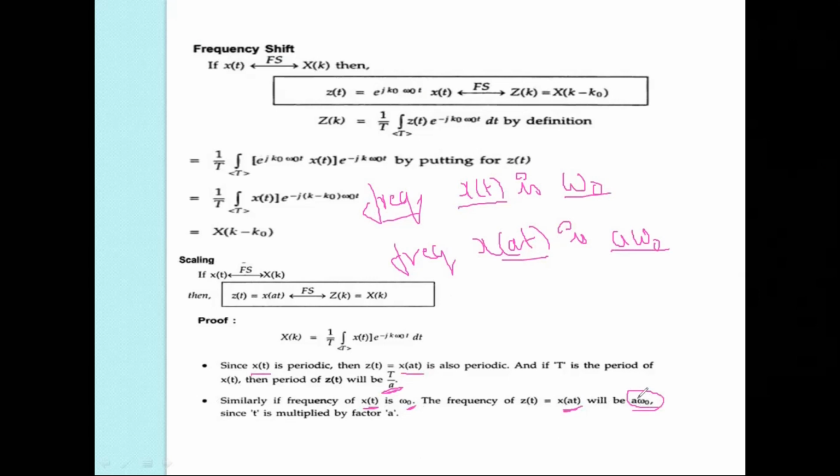So in the frequency we are multiplying with a, and in the time we are dividing by a, that is, multiplying the period with 1 by a. Remember. Then we can see how we can prove this for x of k, my dear students, following the proof.